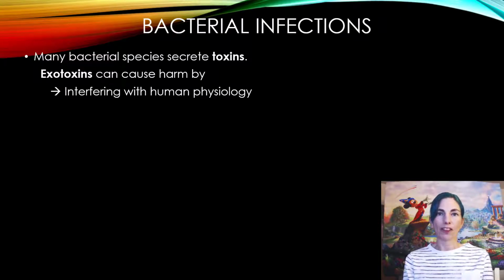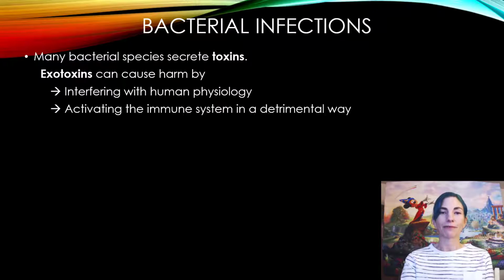Of course, the problem with that is your respiratory muscles are needed for breathing, so if they also become flaccid and are unable to contract, that's fatal. So certain toxins can interfere with our physiological functions.